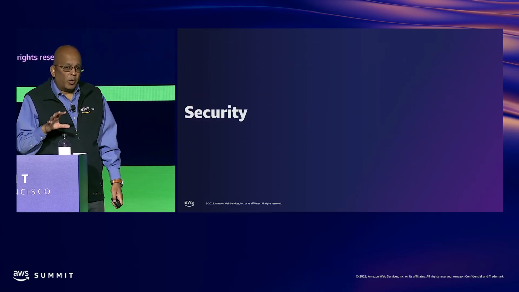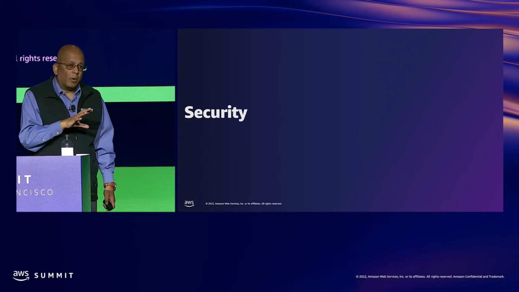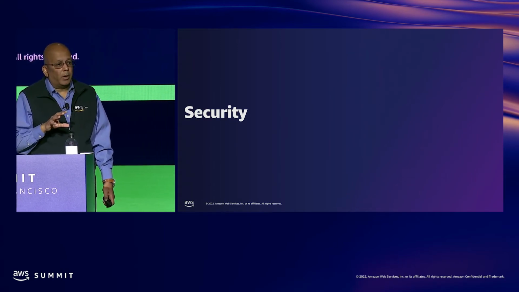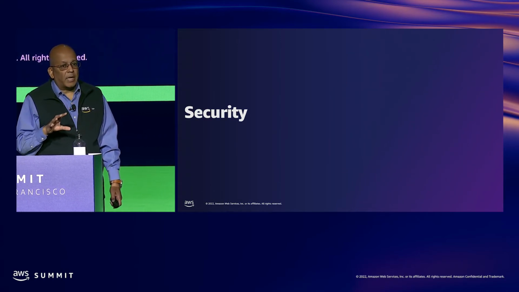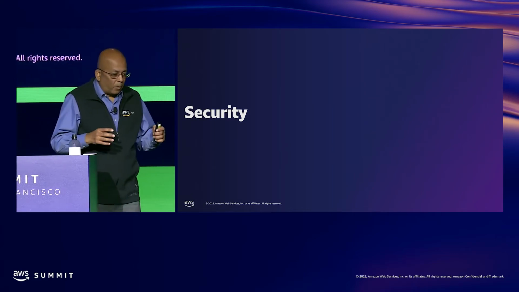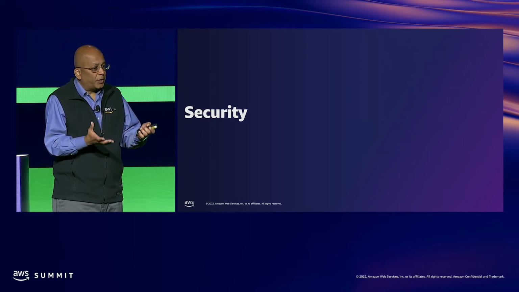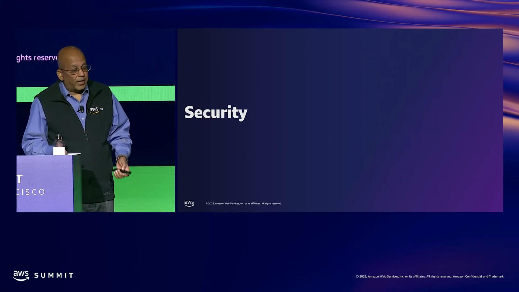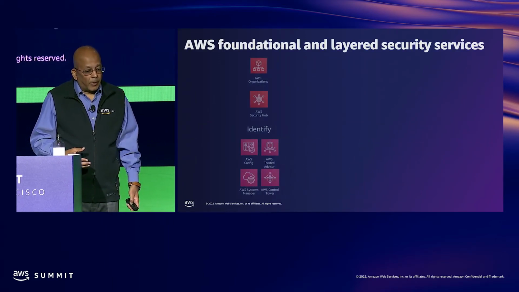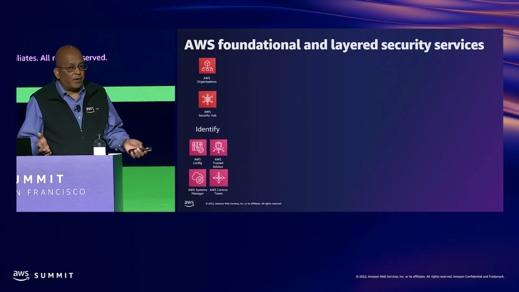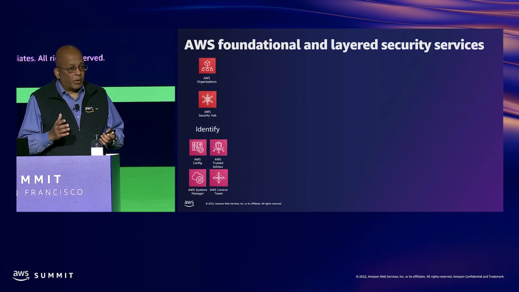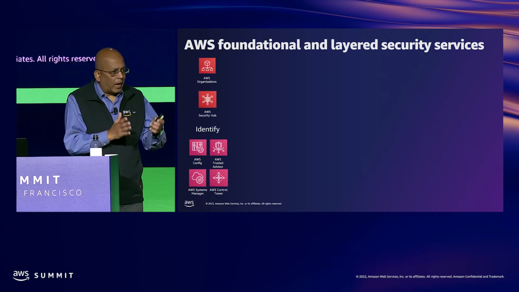So now that we've talked through Control Tower and the setup for these multi-accounts, let's talk a little bit more on some of the security services that I have seen our customers right from the get-go would like to use as part of this new multi-account structure that they've created. Within AWS, we have multiple services for security, and I like this classification.